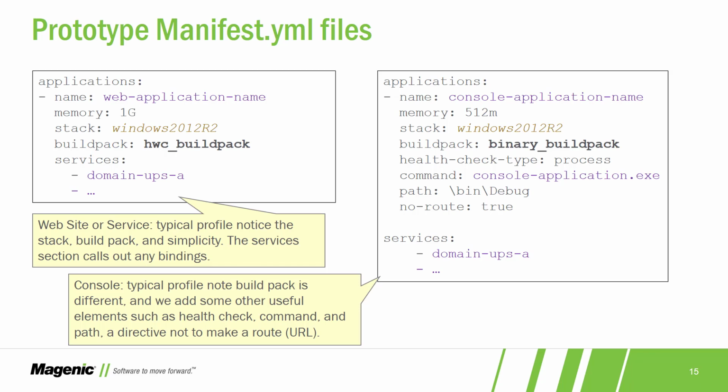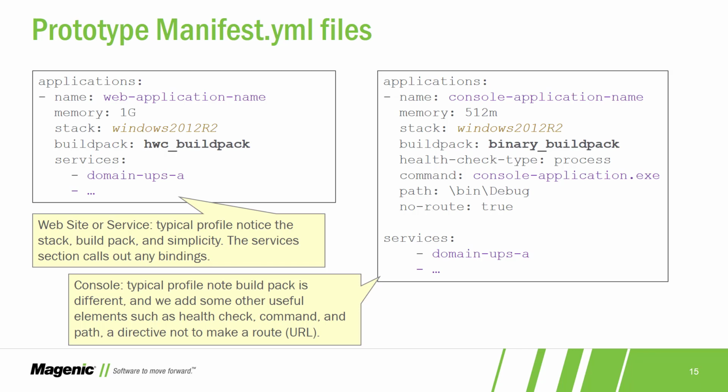No route explicitly, so that they know that they don't have to make a URL for the app. By default, it will, even though it doesn't do anything. You want to specify where the binary build pack should collect the compiled bits from.